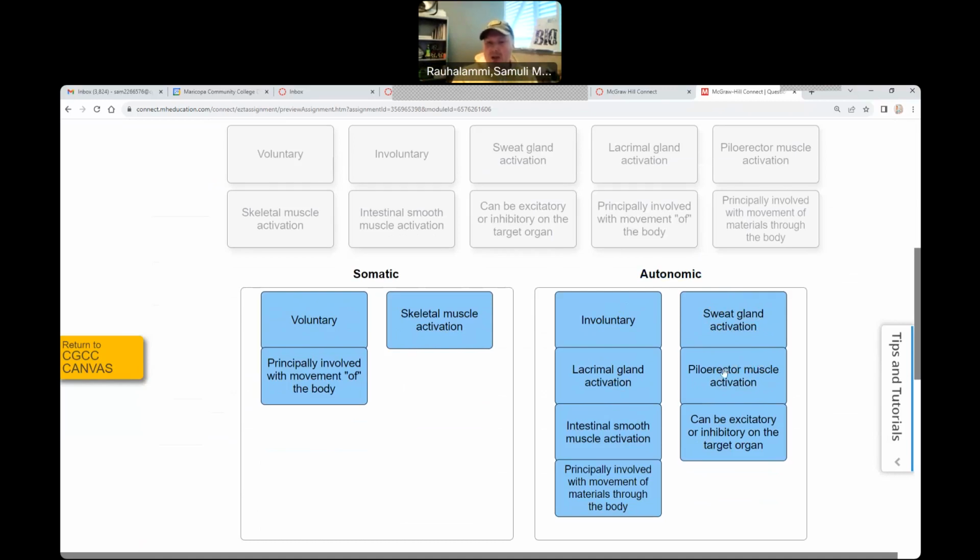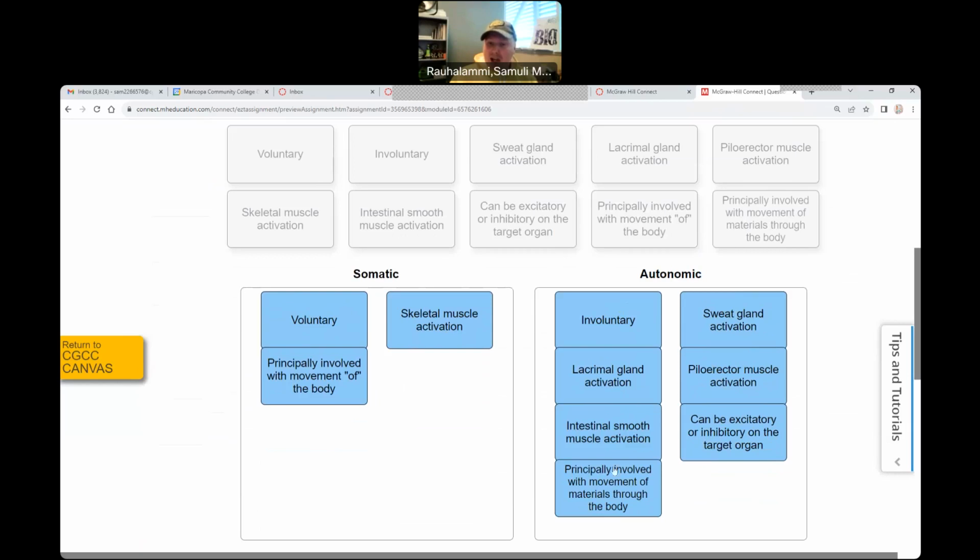So those would also be under the autonomic nervous system. Intestinal muscle activation, so regulating digestion, absorption, all those processes in our digestive system. Remember, with the autonomic nervous system, this could be either promoting a change to happen or inhibiting a change from happening at the target organ.